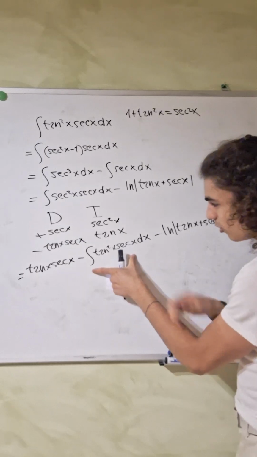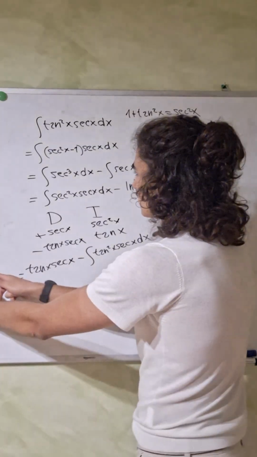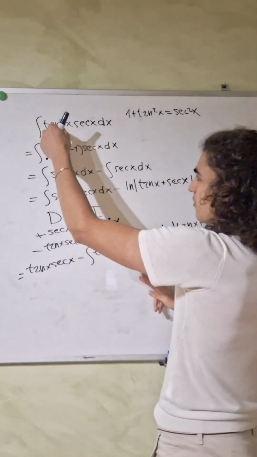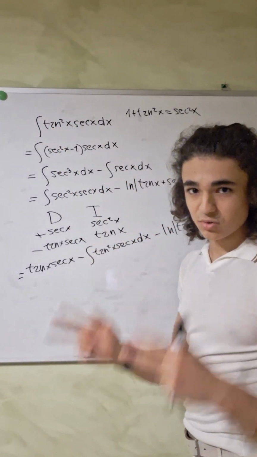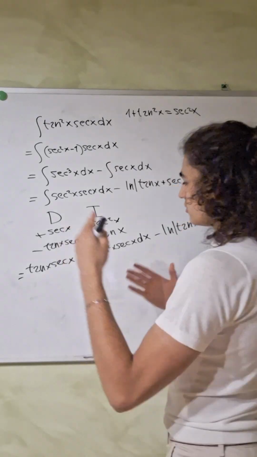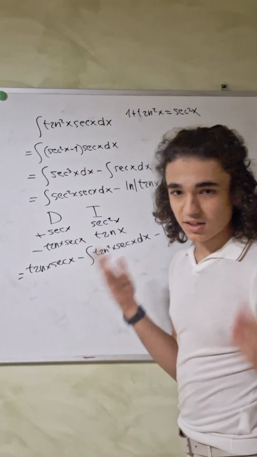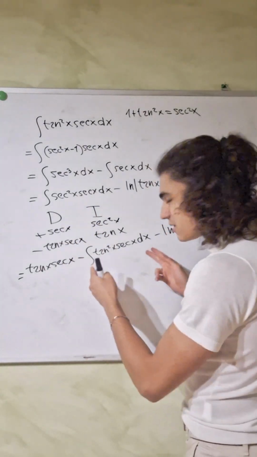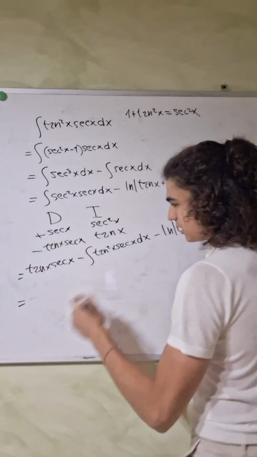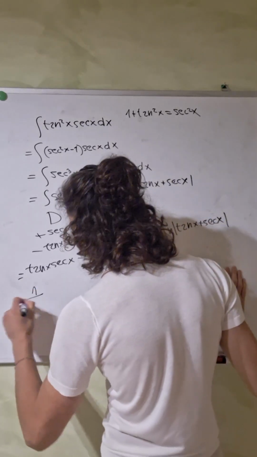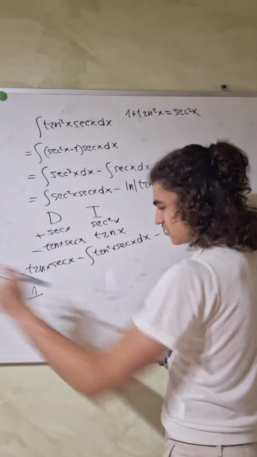So we can bring all of this integral to the other side, and the same integral plus the same integral is twice the same integral. And then we can divide both sides by 2. And then we know what this integral is. So let's do it. We divide by 2 both sides after bringing this to the other side.